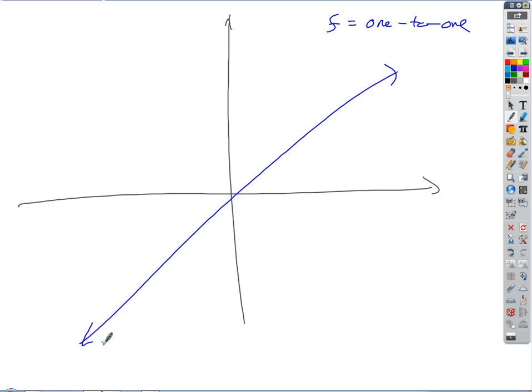Okay, good. Now, can anybody give me an example of a many-to-one function? X squared. Okay, so that's y equals x squared, and that's many-to-one. What about the red graph when we look at it? It tells us that it's many-to-one.